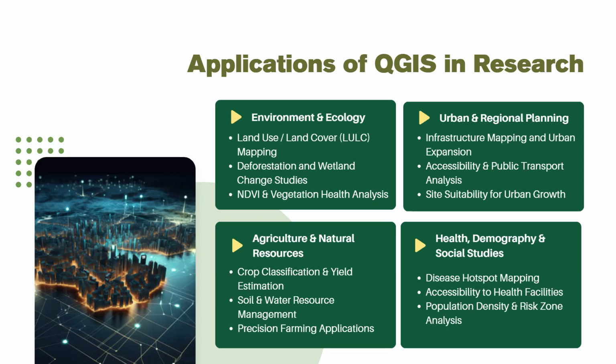Then monitoring vegetation using NDVI, that is the normalized difference vegetation index. This factor, vegetation, will come even in agriculture, even in urban growth, how the land has been split out, everything. The NDVI and land cover are very important.